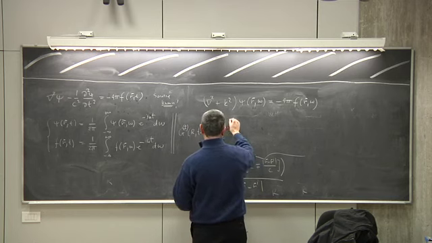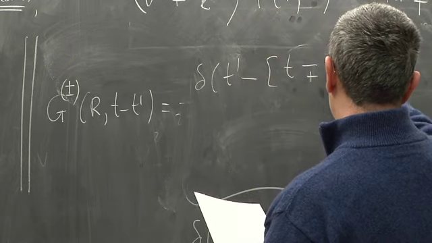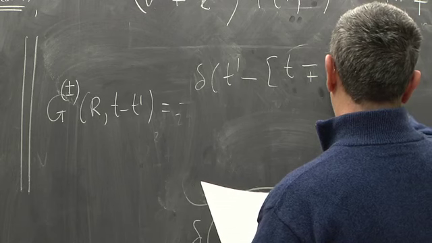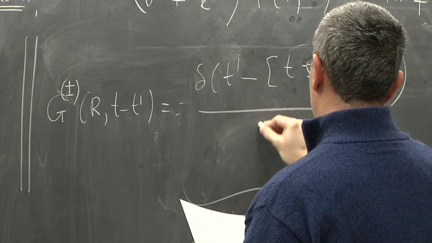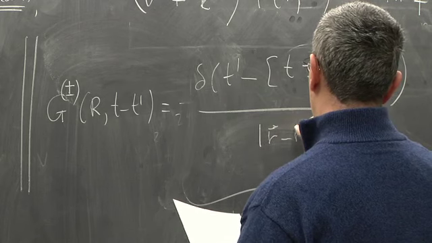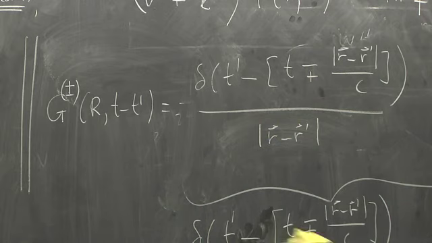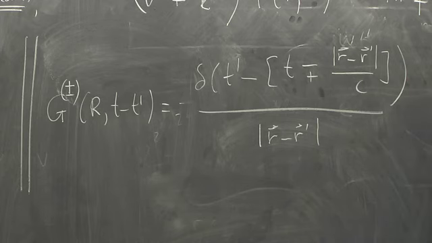So it's delta t prime minus... Now, what was the green function of the Poisson equation?